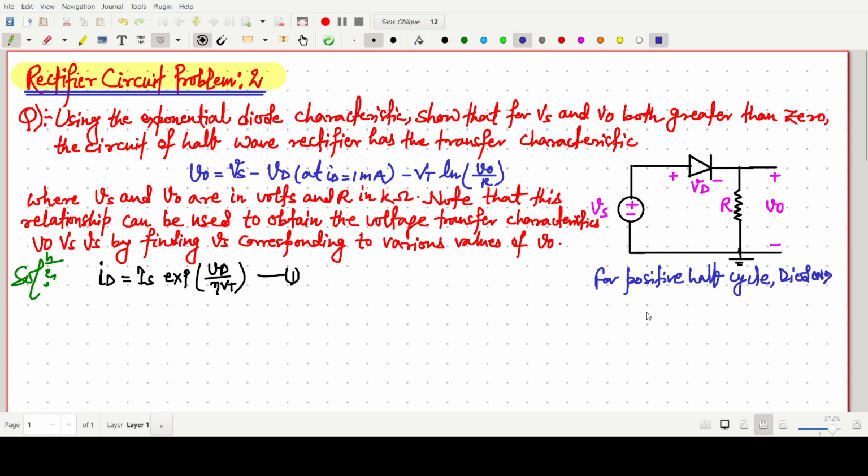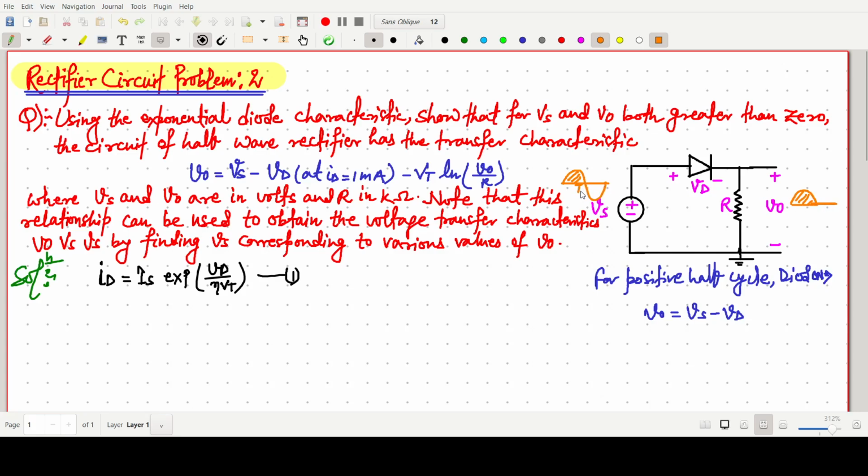In this case, the output voltage will be V naught equals simply Vs minus Vd. Very simple thing: if the input is like this, for the first positive half the output will be like this, but for the negative half it should be 0.